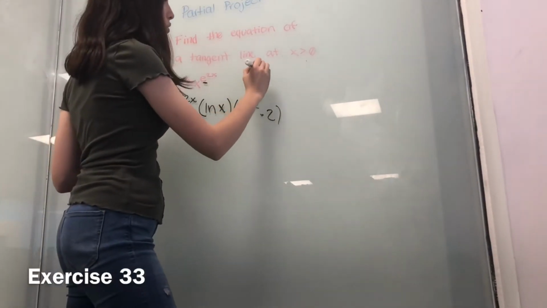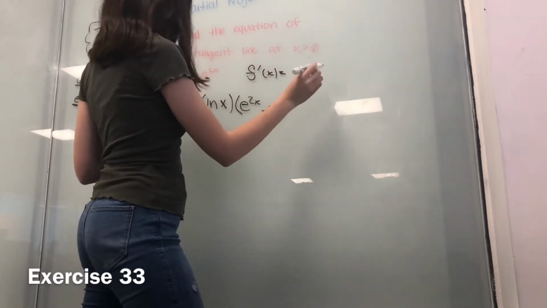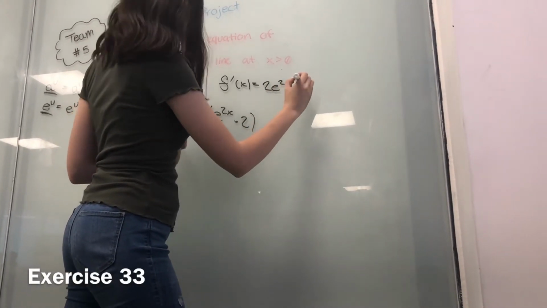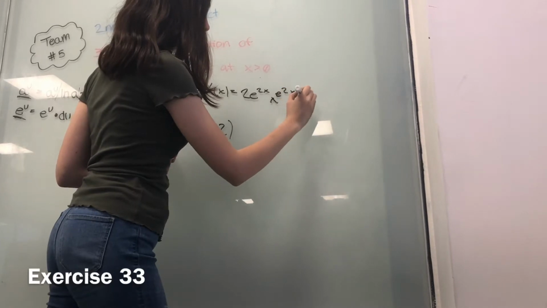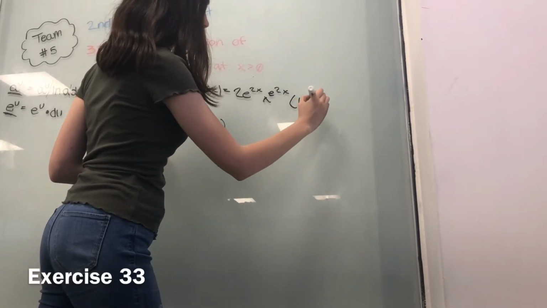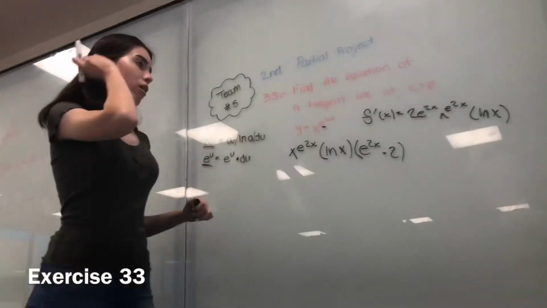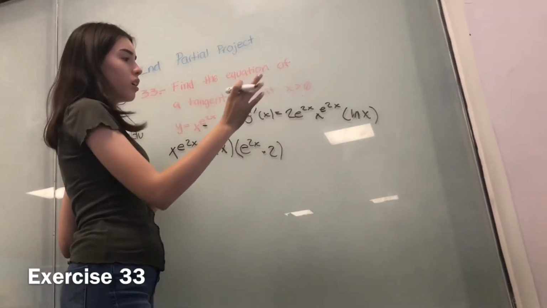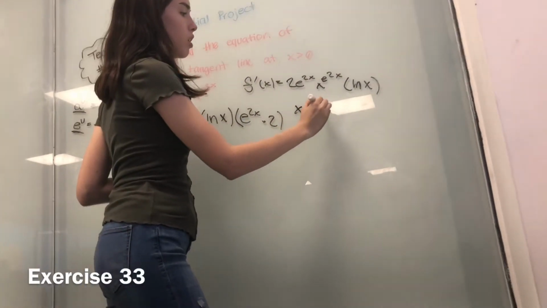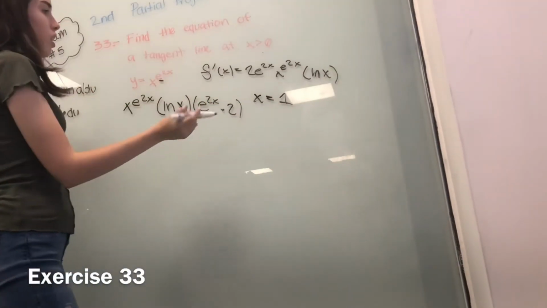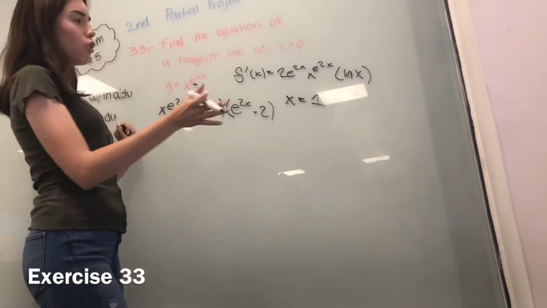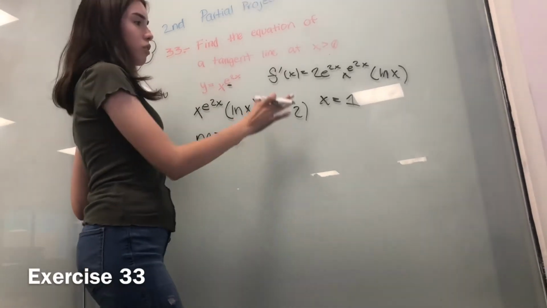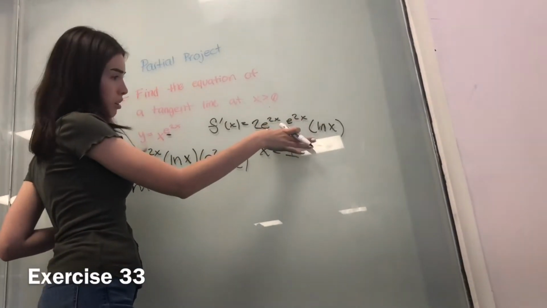So the new function would be 2e. After that, we're going to substitute a number close to 0, in which we're going to use x as 1 to find the slope in the new function, which is 0. You're going to introduce this into the calculator.